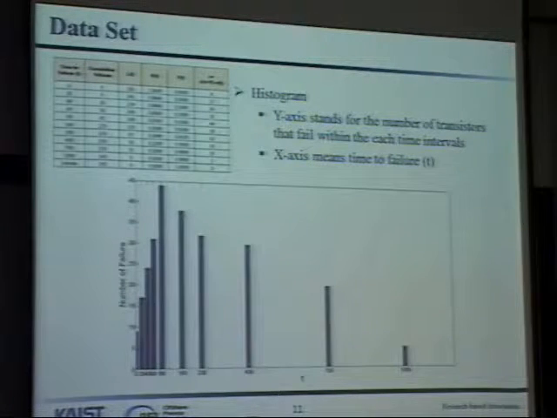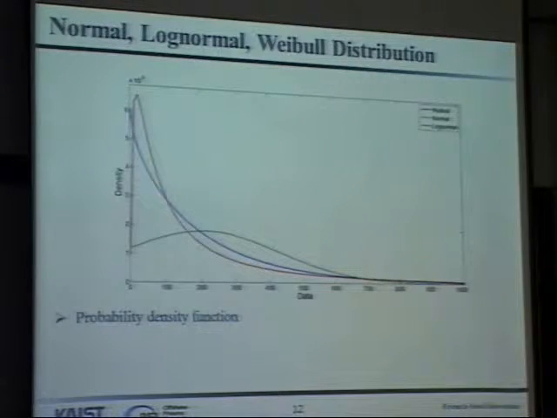Now we are gonna fit the data set to the distribution models. This is the probability density functions of Weibull, normal, and log-normal distribution. In this case, the random variable x is equal to time, t.